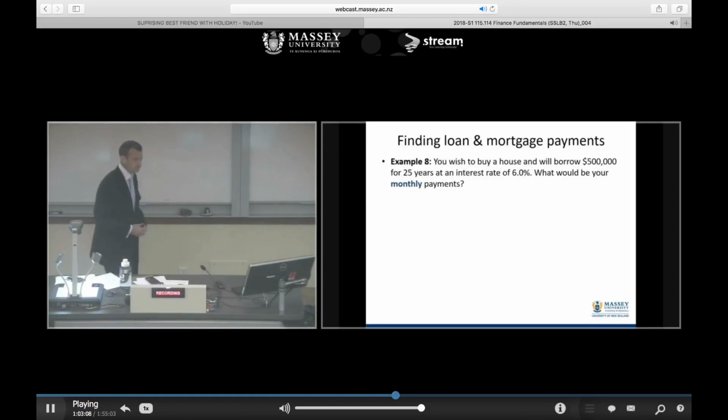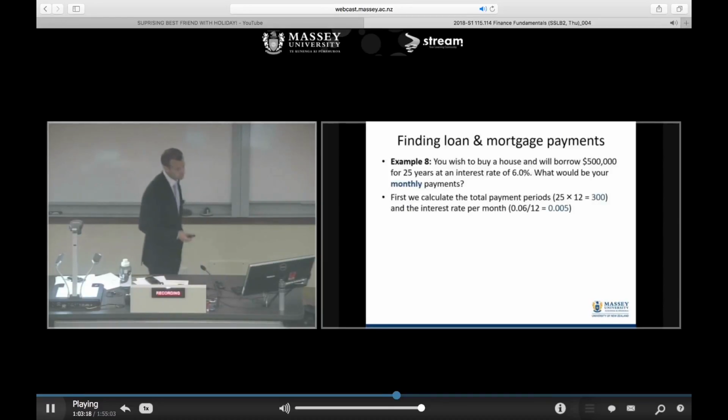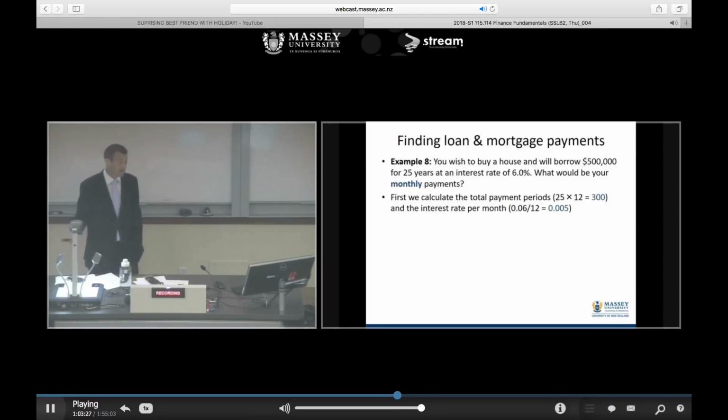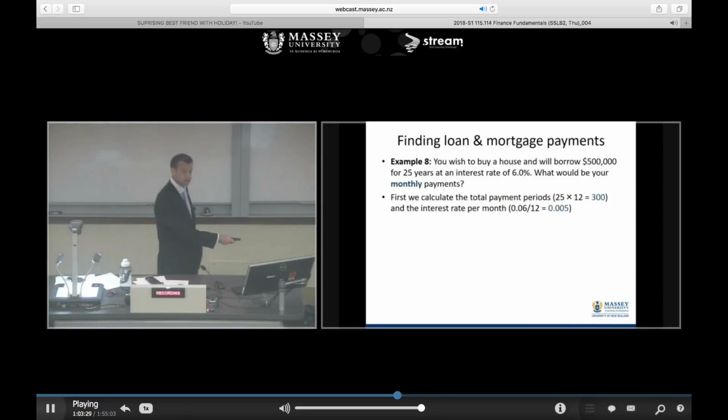So exactly the same question, but now we're doing monthly payments. So first, we calculate the total payment periods. How many payments are we going to make before this thing is actually finally paid off? That's 25 years, 12 payments each year.